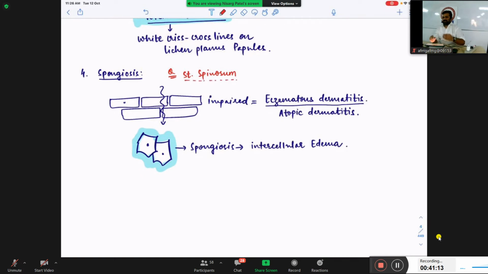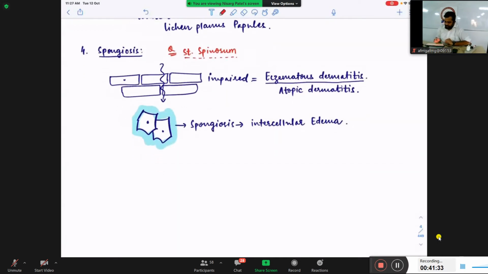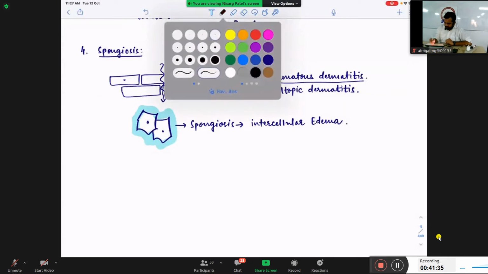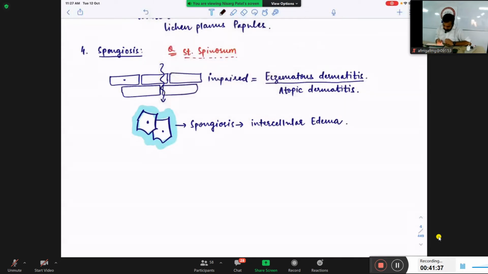The reason is the upper layer, which is the stratum corneum, and from the stratum corneum to granulosum, they are horizontal, and they have less fluid. But the stratum spinosum has more fluid. If there is an inflammation, the fluid will leak out from the spinous layer mainly. So intercellular edema commonly affects the spinosum layer.